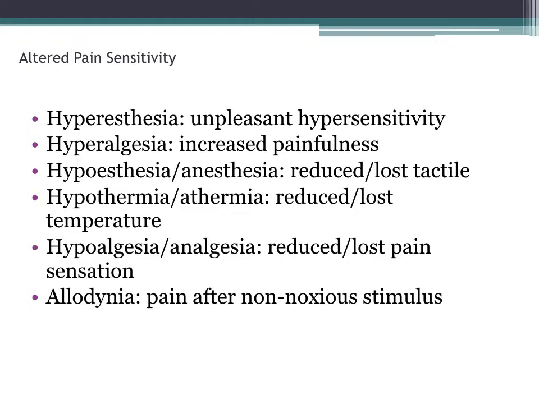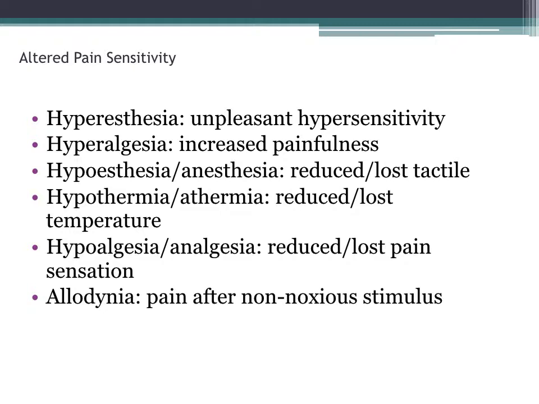Obviously, anesthesia means that you can't feel the touch. So think about anesthesia. You don't feel anything. Local anesthesia makes it so that you're numb and you don't feel what's going on there. So that's a good way to remember that word.